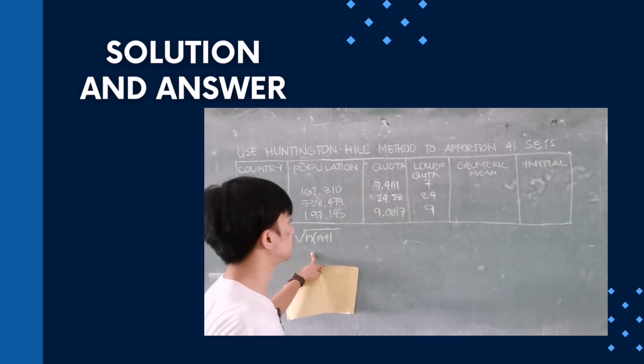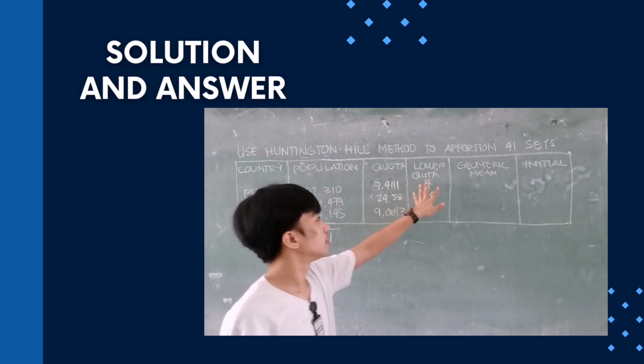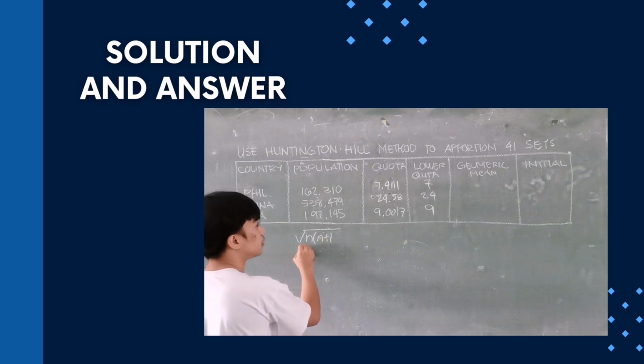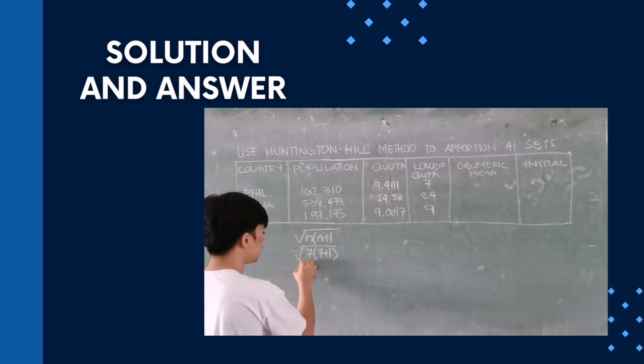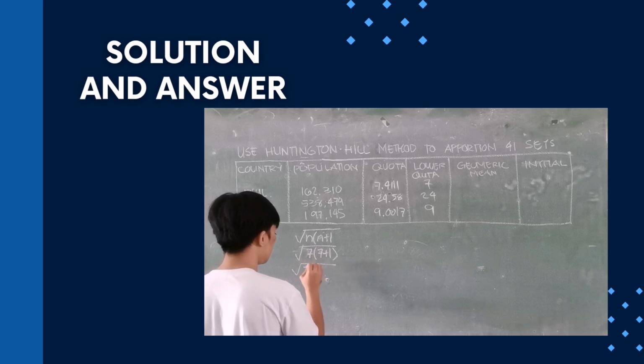So n will serve as your lower quota. So 7.